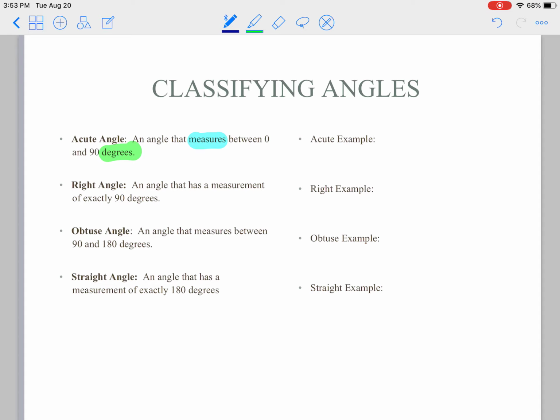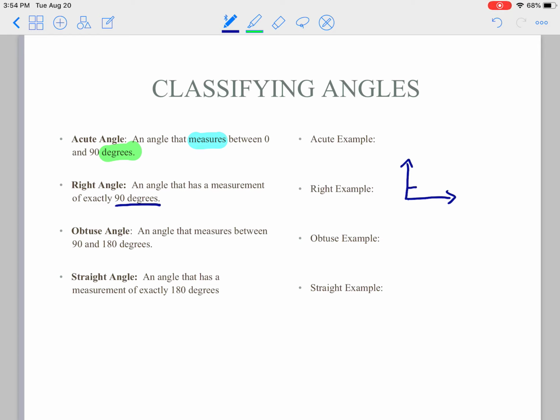And so before I draw an acute angle, I want to go one below. And I want to highlight 90 degrees. Okay, 90 degrees. So 90 degrees, if you were to have a protractor, and a protractor was laying flat on the ground, 90 degrees would be straight up, a vertical line, okay?